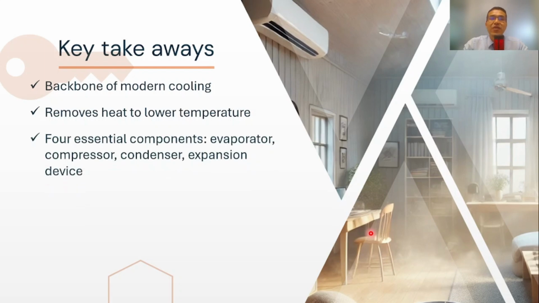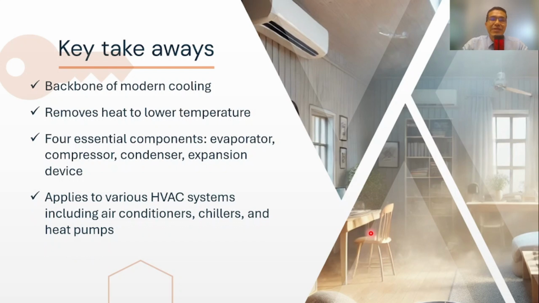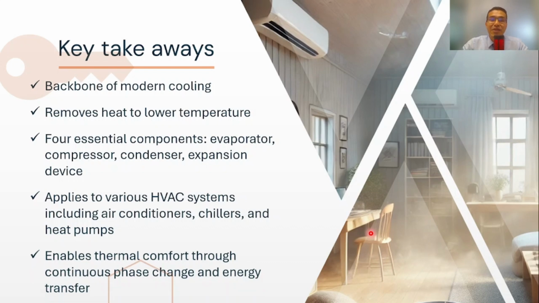The cycle relies on four essential components: evaporator, compressor, condenser, and expansion device, each playing a specific role in transferring heat. It's applied in various HVAC systems, including air conditioners, chillers, and heat pumps, making it a versatile solution for different building types and climates. By enabling thermal comfort through continuous phase change and energy transfer, the vapor compression cycle supports efficient, reliable, and scalable cooling solutions.